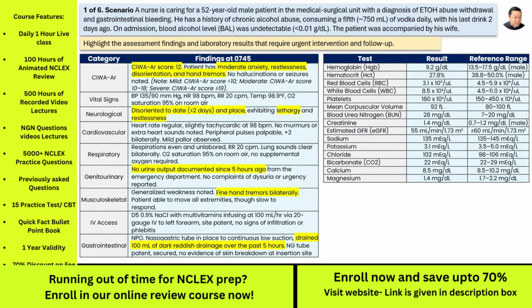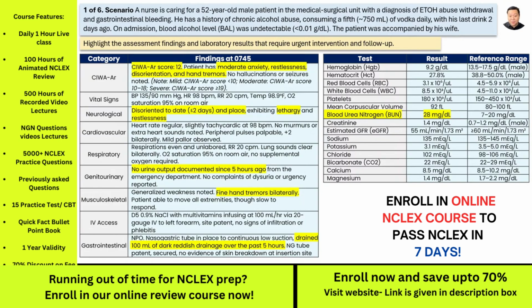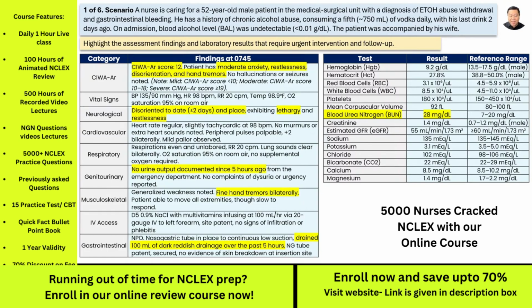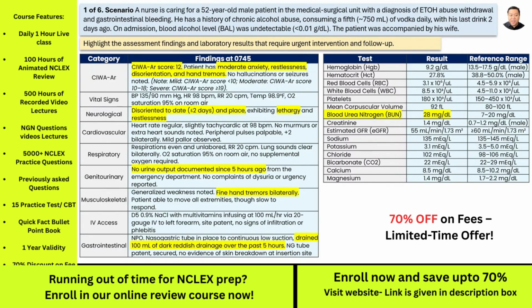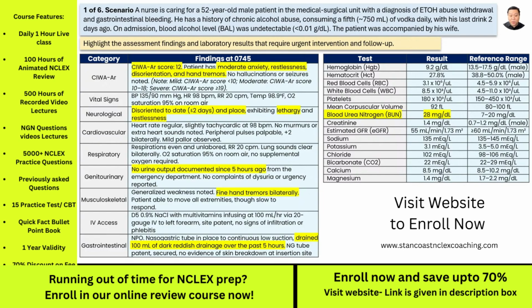Now, what else do we need to highlight here? There's that blood urea nitrogen of 28 milligrams per deciliter. So this is way above the normal range. And in this case, this points to a pre-renal cause. It means not enough blood flow to the kidneys. And this is often associated with volume loss. And so this will also fit with the gastrointestinal bleeding and lack of urine output.